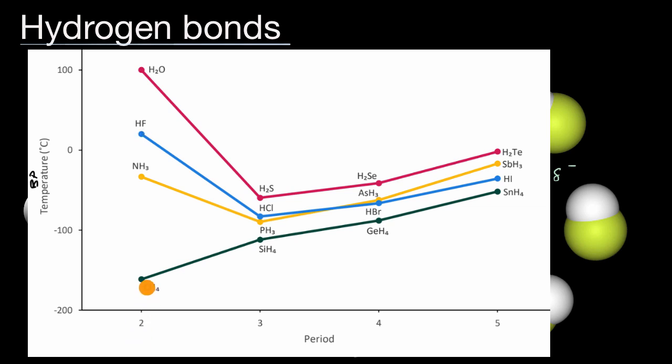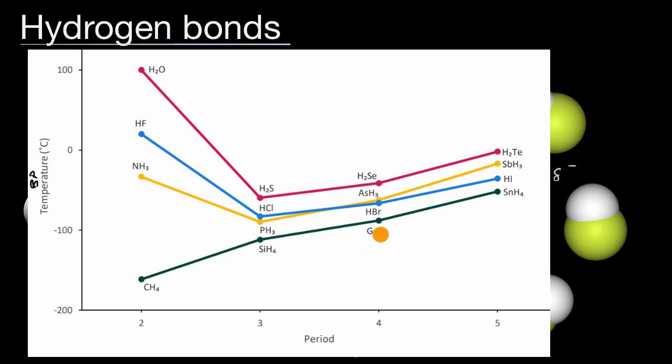And generally speaking, as you go from molecules formed with period 2 elements to period 3 elements to period 4 elements to period 5 elements, you do see that as the molar mass of those molecules increase, there is that general upward trend of the boiling point, and that's due to the London dispersion forces.